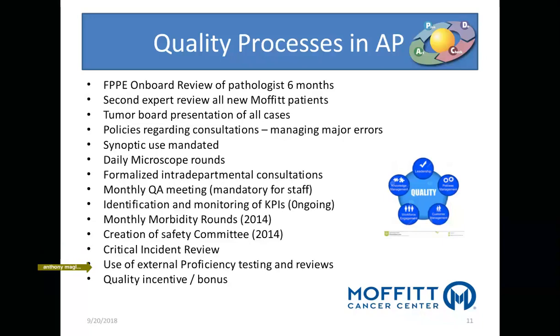External proficiency testing and reviews are powerful. They are great ways to really ensure that your practice standard is on par with those of other centers. It's also useful in that it removes the personality from the review process, because it can be challenging when working in a close group of colleagues to be reviewing your colleagues' work.